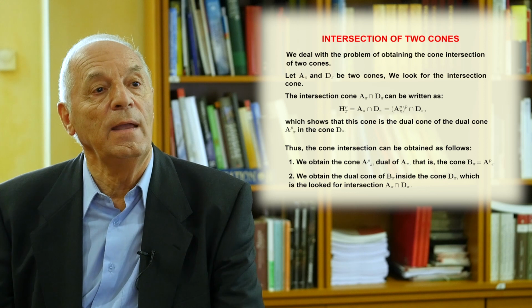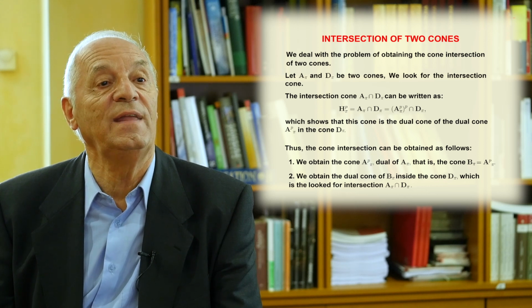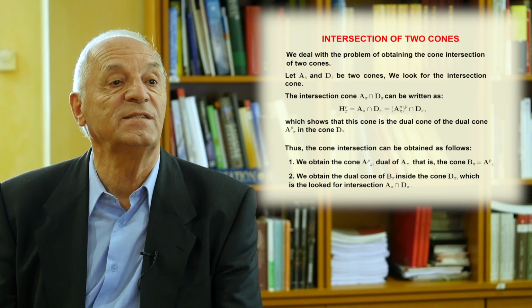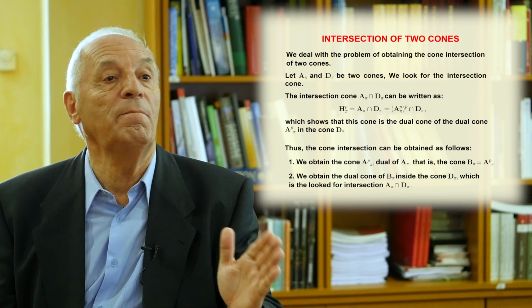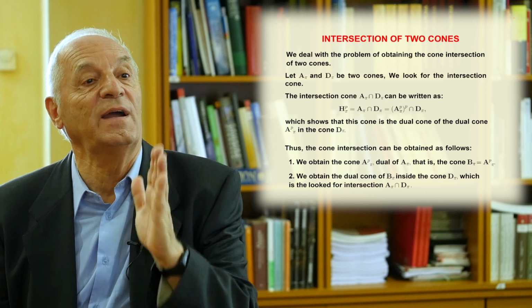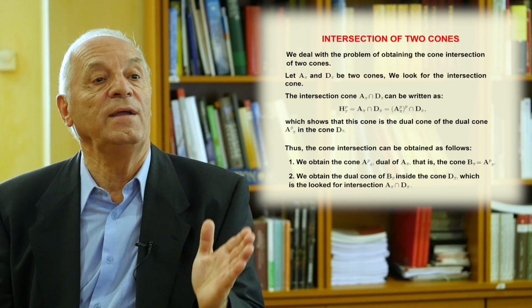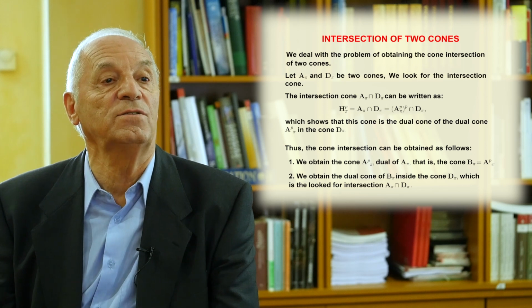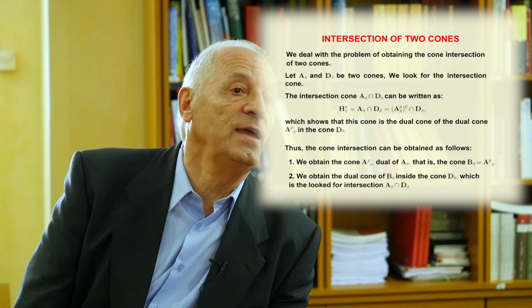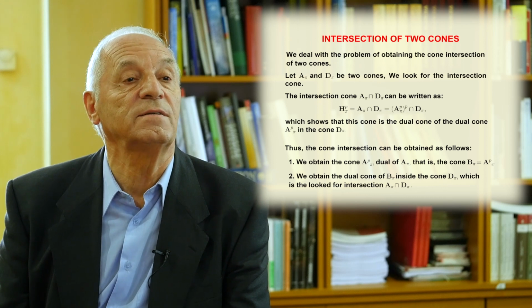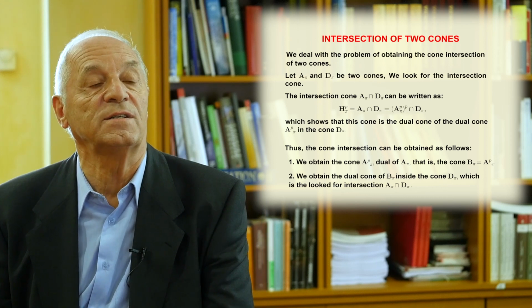A pi means the cone generated by the columns of A. That means pi 1 times the first column plus pi 2 times the second column plus pi n times the nth column. So A pi intersection D pi is the intersection of the cones A and D generated by the column vectors of these matrices.